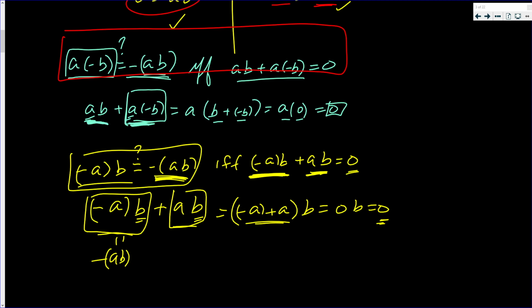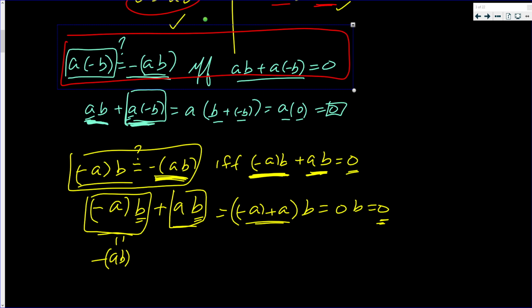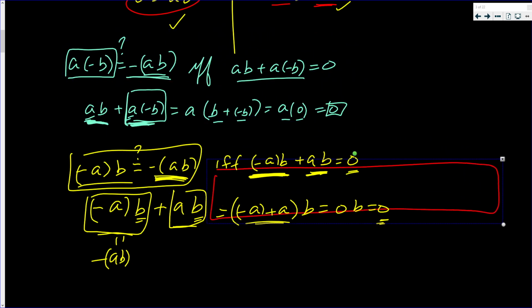Just give me a moment. This box doesn't look like it fits very well. I take ab, I add this, and if I get 0, that must be the inverse of ab. And that's what I showed.